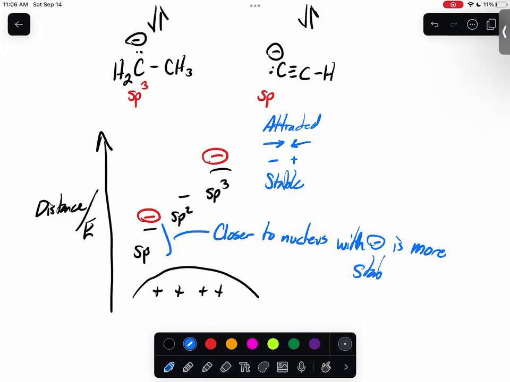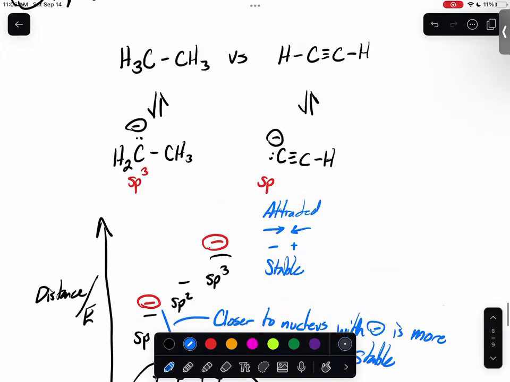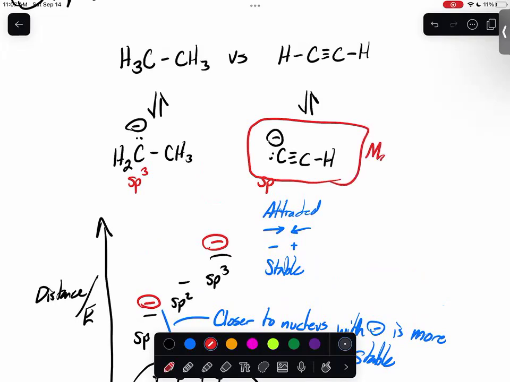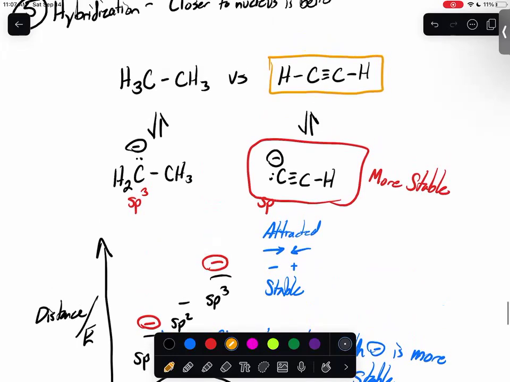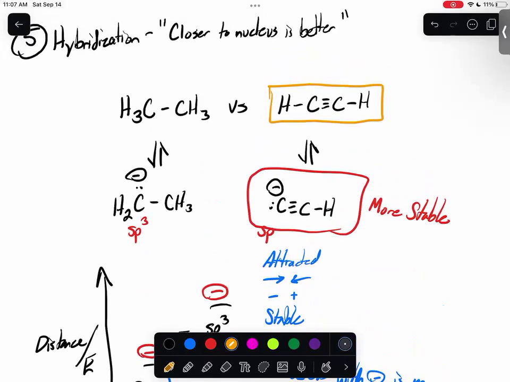Because the nucleus is always positively charged. So what that means when we're looking up here is the sp hybridized carbon with the negative charge is more stable than the sp3 hybridized. So that does mean that up here, this carbon with the triple bond, the CH, is also more acidic.